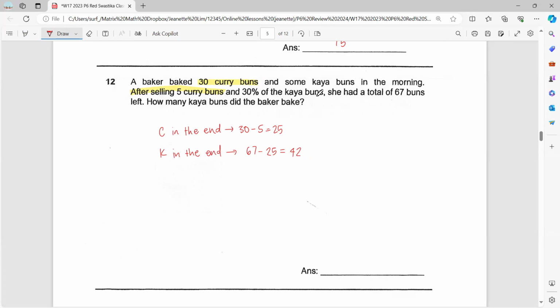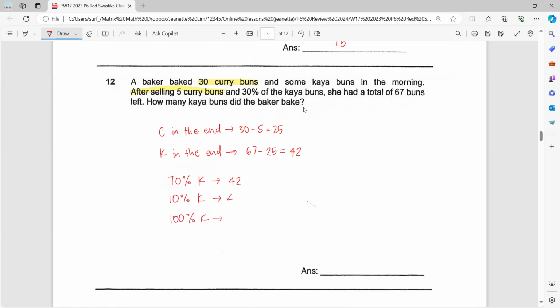So this has to be 70%. Because after selling 30%, you're left with 70%, right? This is of all the kaya buns. How many kaya buns did the baker bake? So we're trying to find at first, which is like 100%. So without a calculator, it'd be easier to find 10%, then followed by 100%.